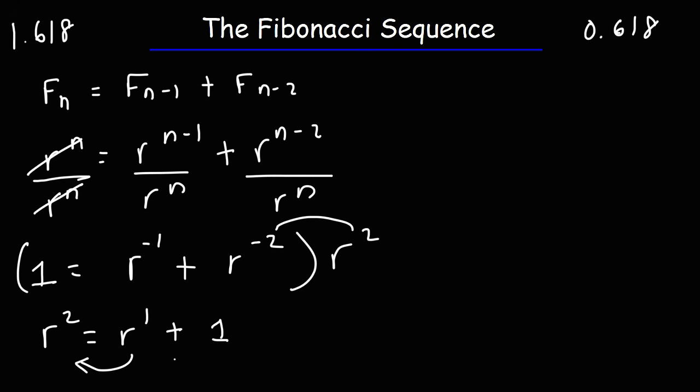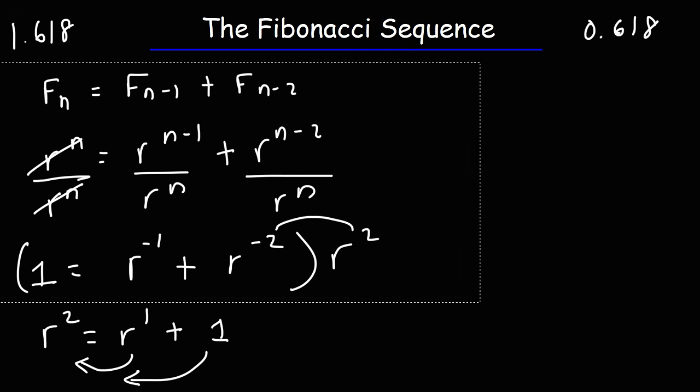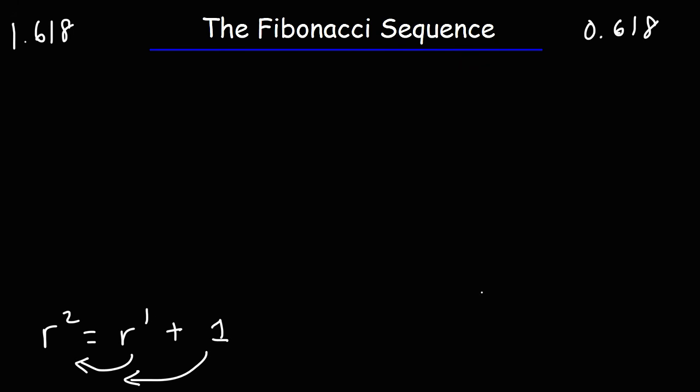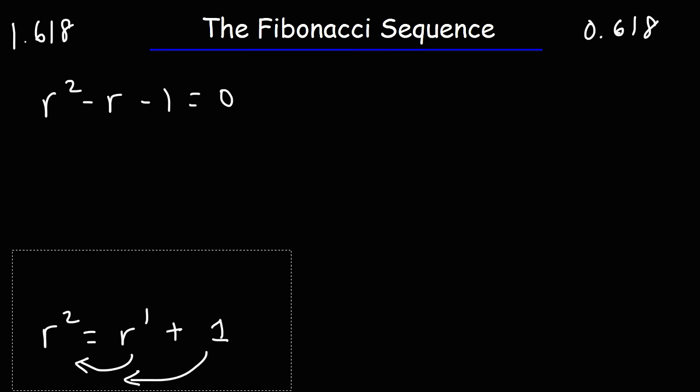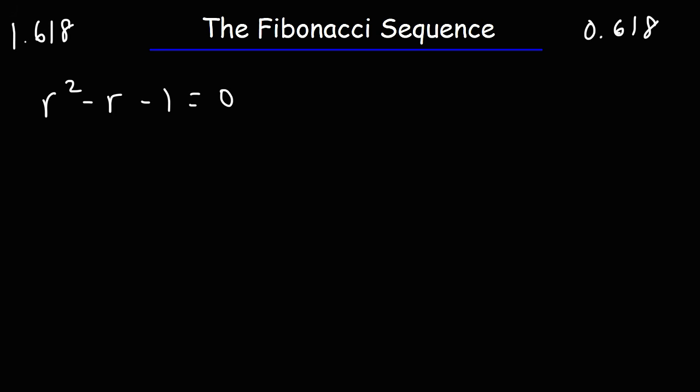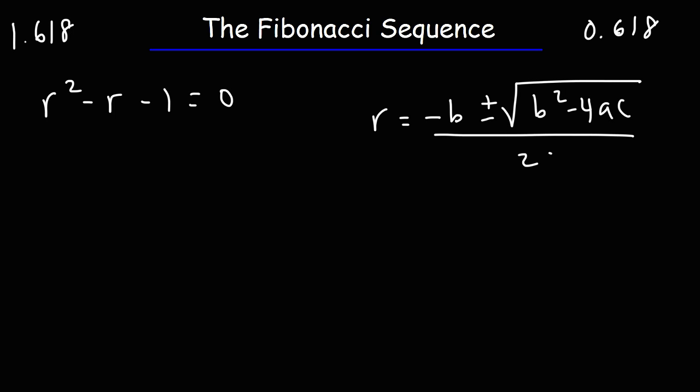Now we're going to take the two terms on the right side and move them to the left side. So we're going to have r squared minus r minus 1 is equal to 0. And so what we have is an equation in quadratic form. So we're going to use the quadratic formula to get the answer. r is going to be negative b plus or minus the square root of b squared minus 4ac, divided by 2a.